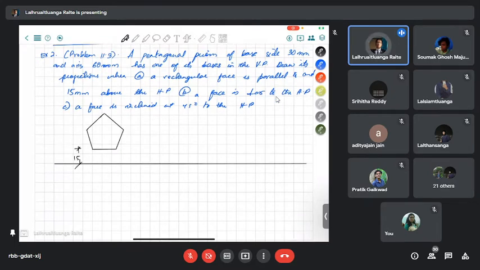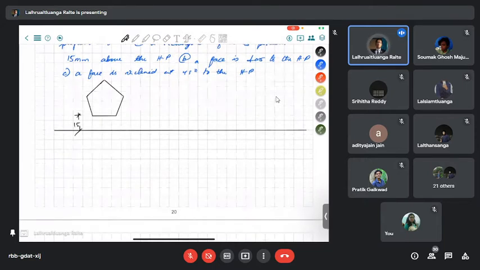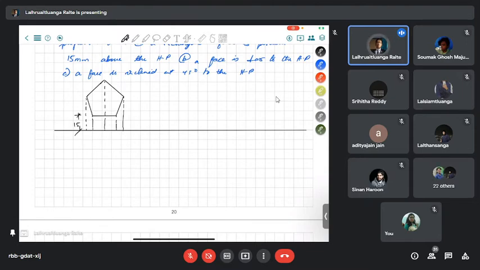Okay. So in order to have the front view and the top view, we are going to project these points. And as it is resting on the vertical plane, we are going to have it directly attached on the XY line. All right.